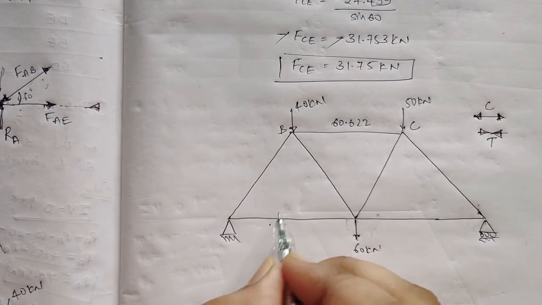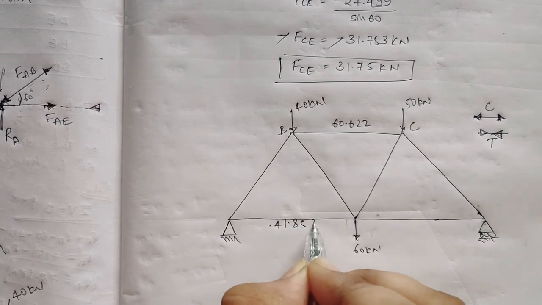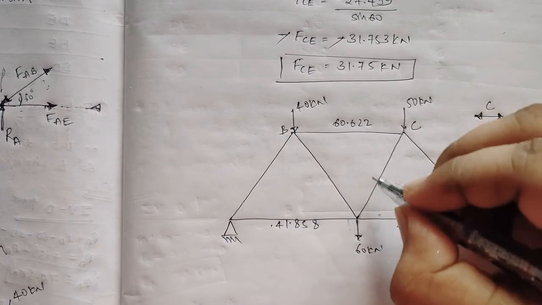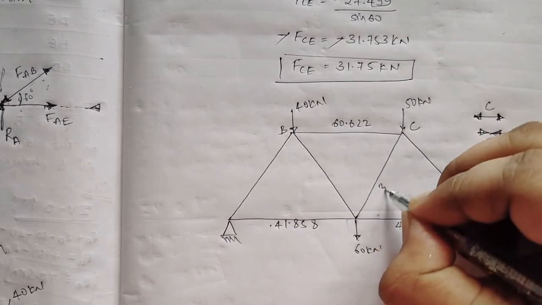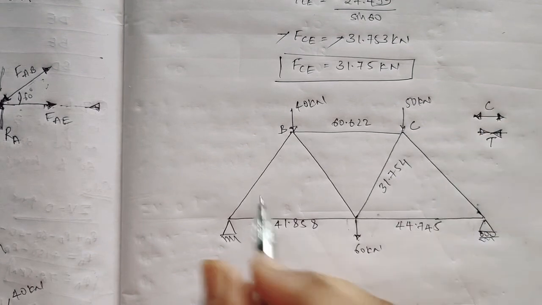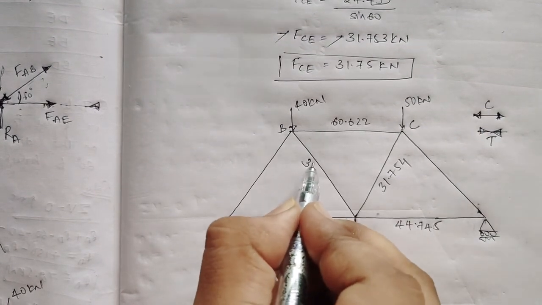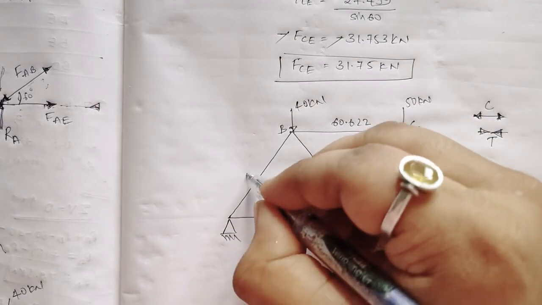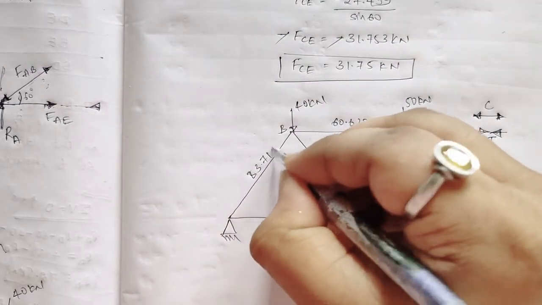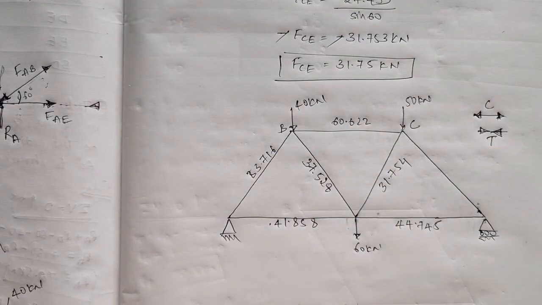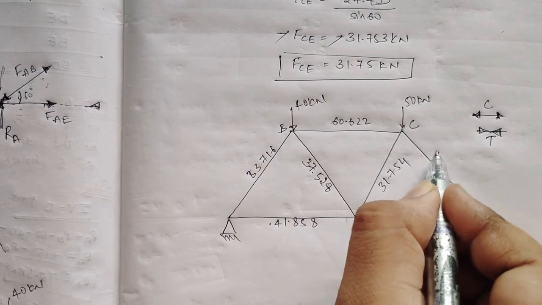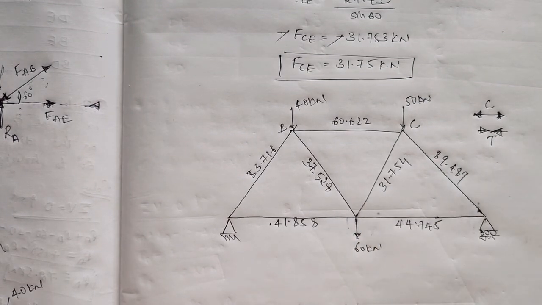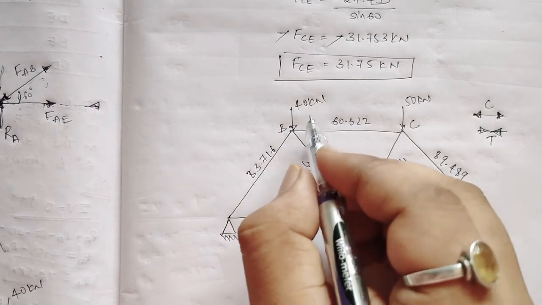This force I got as 41.858, this 44.745, this 31.754, this 37.528, this one 83.716, and this one 89.489. Now you have to tell either it is compression or tension.